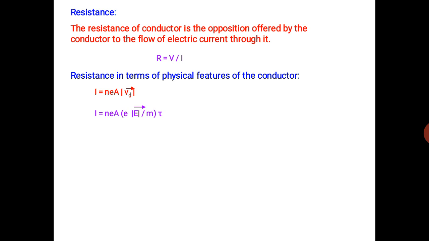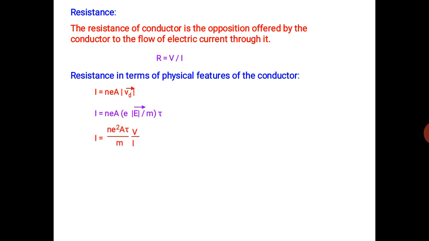That force we can write as charge into field, hence vd is acceleration into time, and that acceleration is charge times field divided by mass, into t, where tau is the relaxation time between two successive collisions.